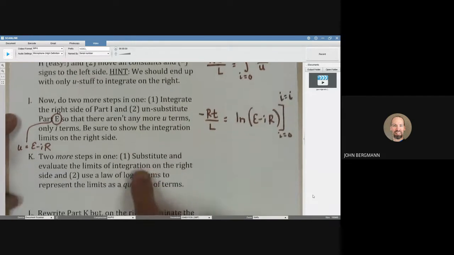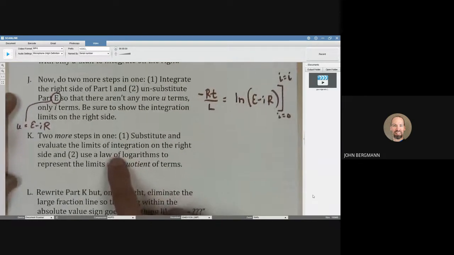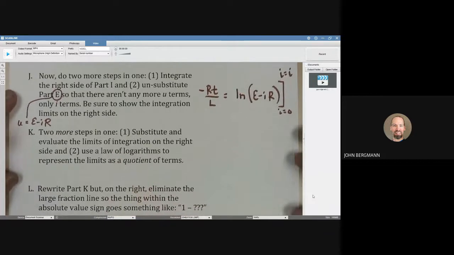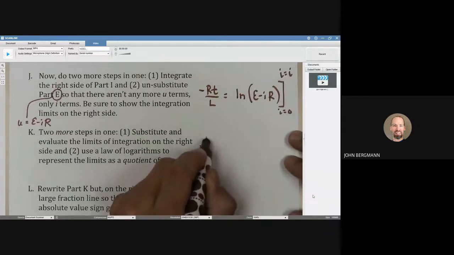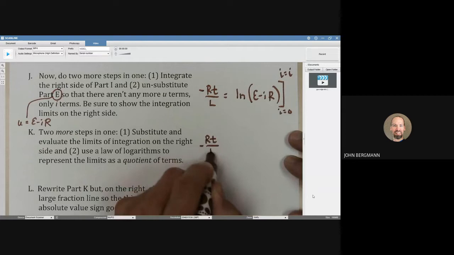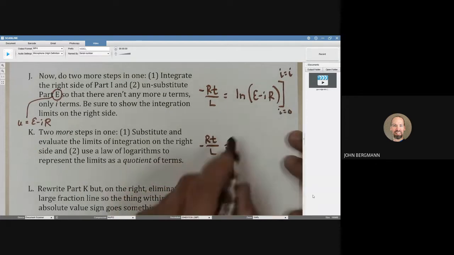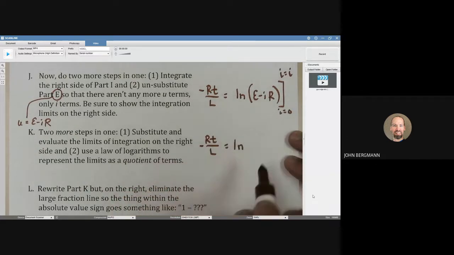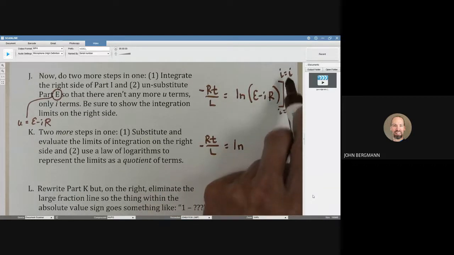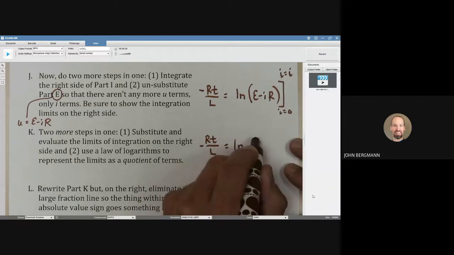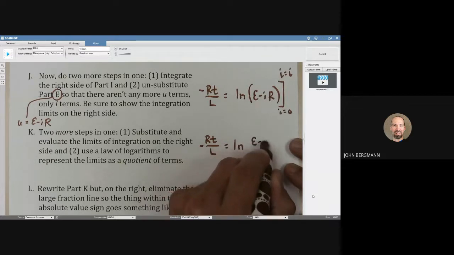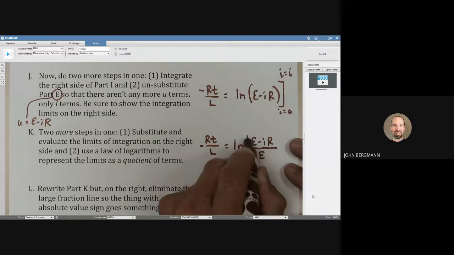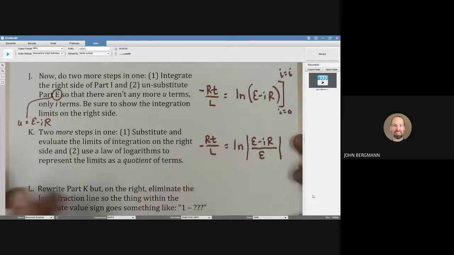We're going to substitute and evaluate the limits of integration on the right, and we're going to use a law of logarithms. So the left side stays the same, minus RT over L. We're going to put these limits in here. We are going to end up subtracting, but since it's logarithms, we can use division. If I put I in there, I end up with, in the numerator, E minus IR, and in the denominator, just E. And I'll put absolute value signs, but you can put parentheses if you want.